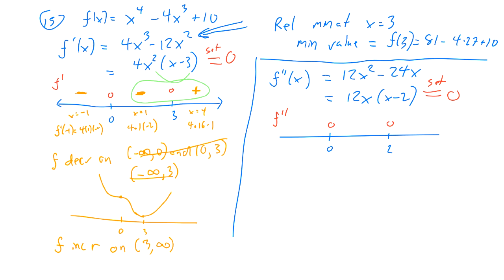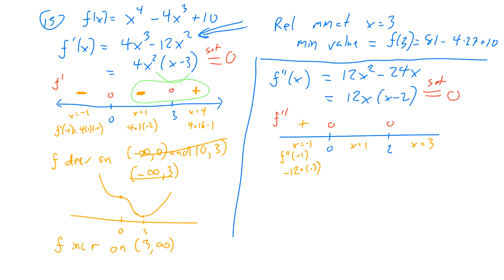And then we test intervals again. So maybe over here on the left, I'll pick negative 1. In the middle, 1. And on the right, 3. So f double prime of negative 1 is going to be negative 12 times negative 3, which is a positive number.